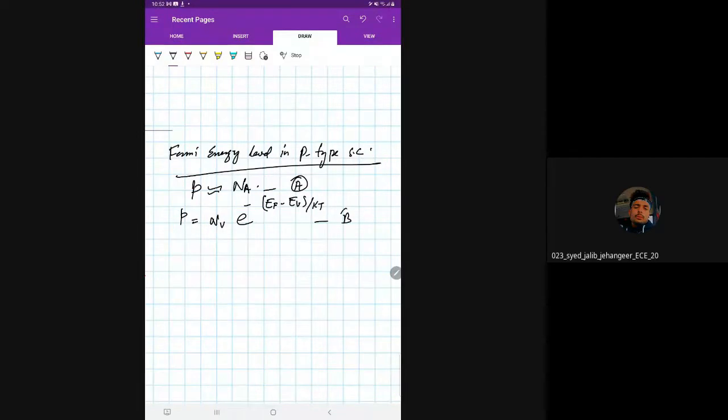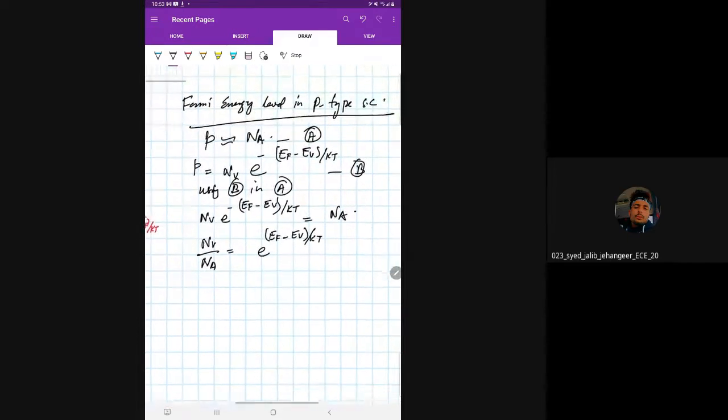Okay, if we use equation B in A, we will have Nv e to the power minus (EF minus EV) divided by kT equal to Na. Similarly, if we rearrange these terms, Nv by Na will be equal to e to the power (EF minus EV) divided by kT.